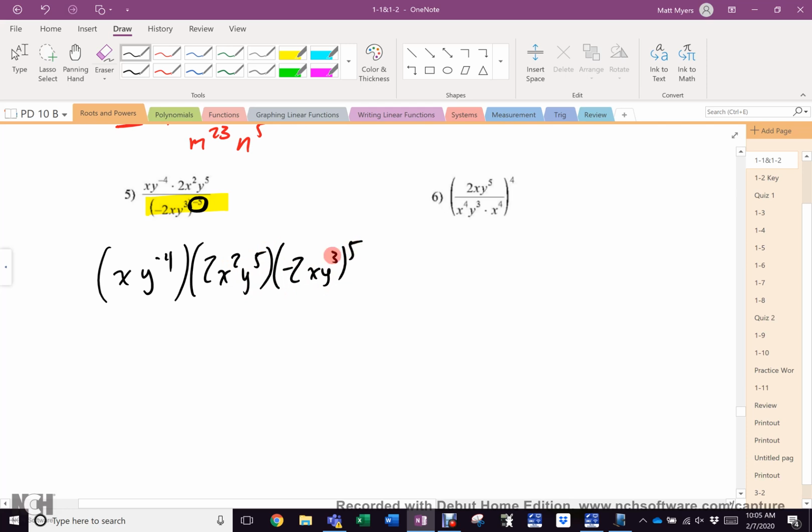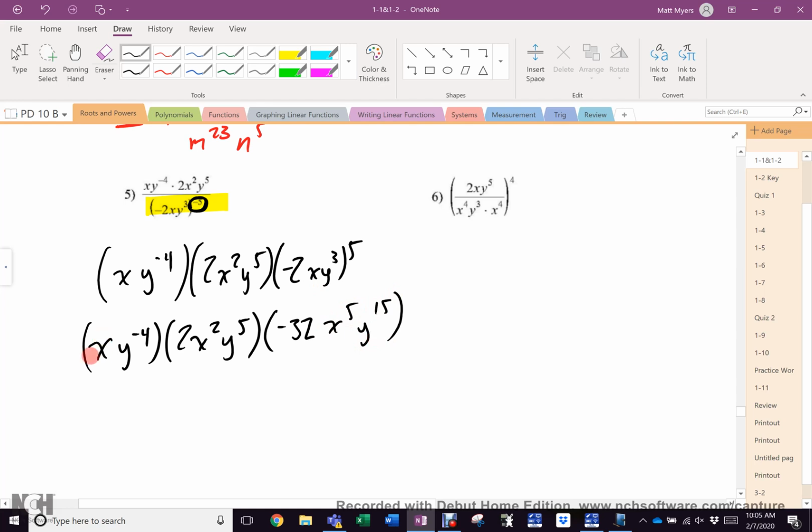Now I would deal with that 5. x, y to the negative 4, 2x squared y to the 5th, negative 2 to the 5th is negative 32, x to the 5th, y to the 15th.